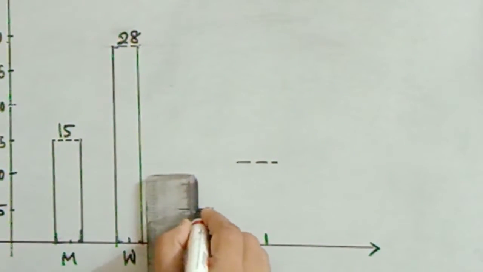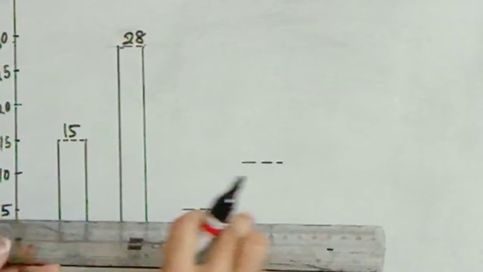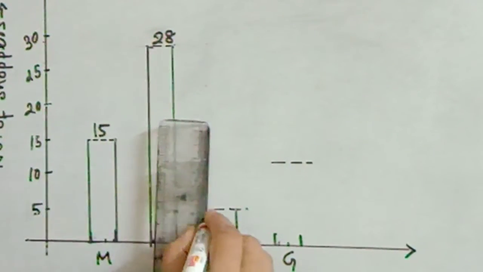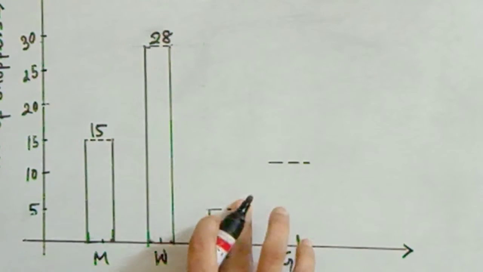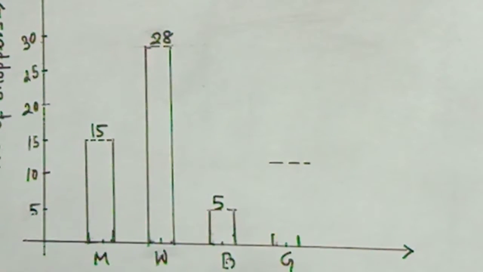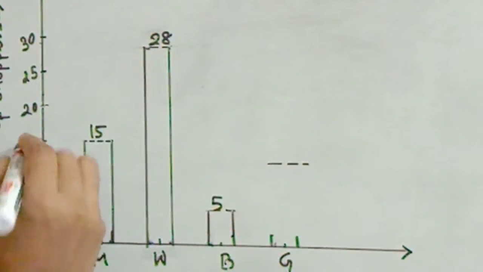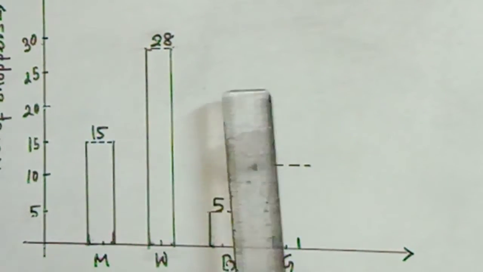So this is 28, not 30. Draw the graph according to this: horizontal axis, vertical axis, it is 5. And for the girls it is 12, very near to 10, not nearer to 15. So 12 is here.